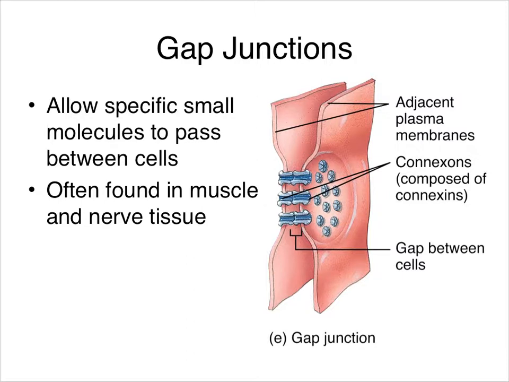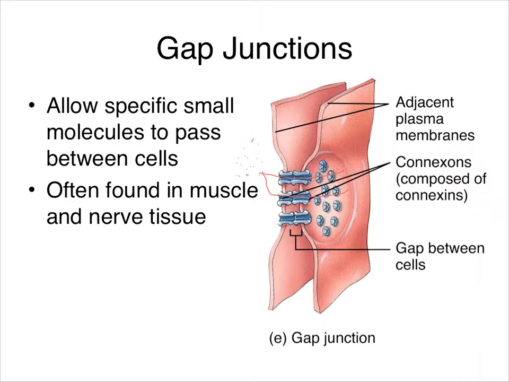The primary function of gap junctions isn't actually to hold the cells together. They do that, but not as well as a desmosome or an adherens junction would. The primary function of gap junctions is to allow an exchange of materials. So you could have little molecules in one cell, and they will flow through the gap junction to the other side.